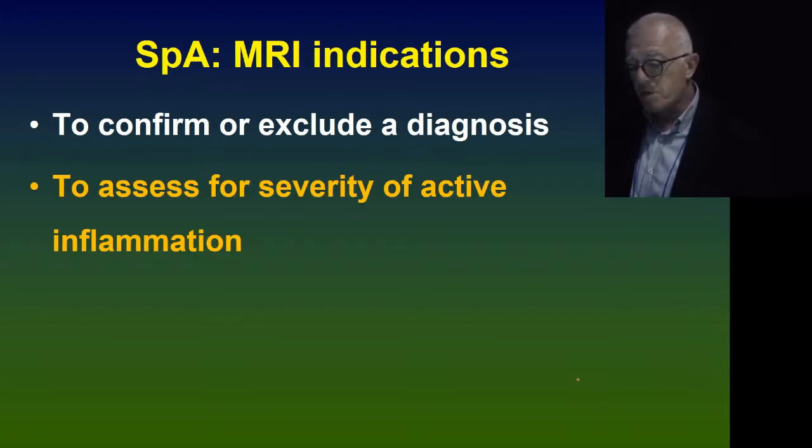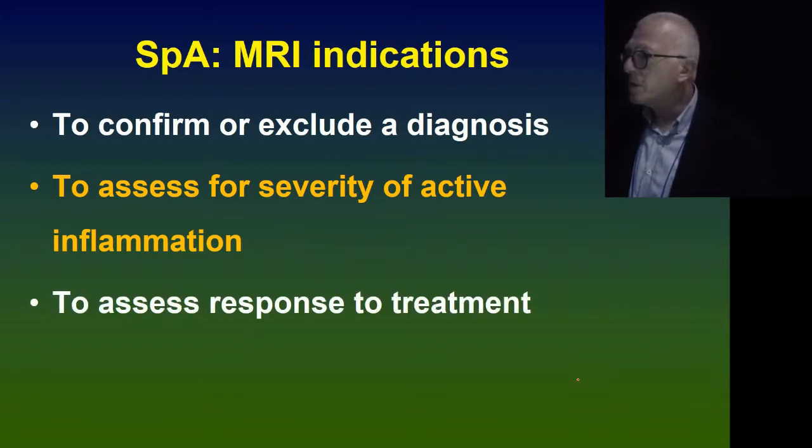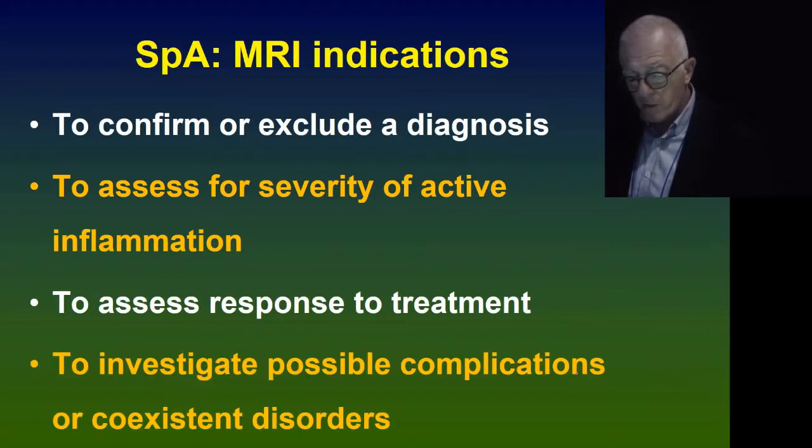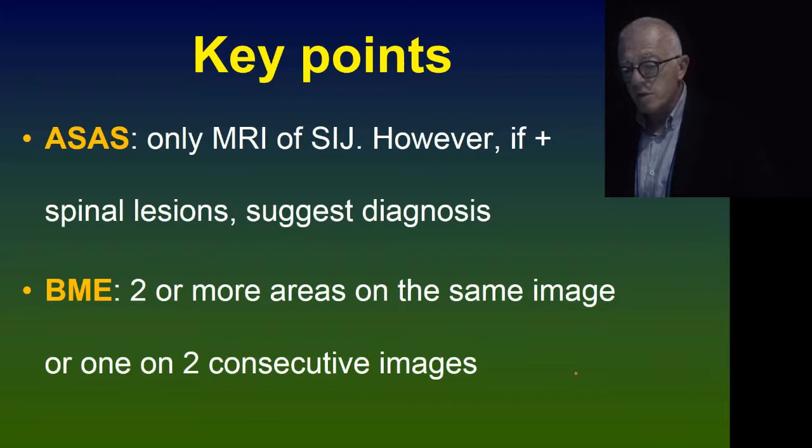To assess the severity of active inflammation, sometimes the clinicians need to change or increase the treatment. To assess response to treatment, we've seen a couple of examples. It's easy to assess the response to treatment by just evaluating the extent of bone marrow edema, and then to investigate possible complications or coexisting disorders.